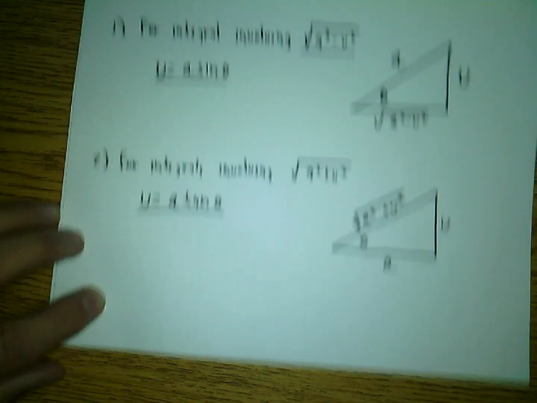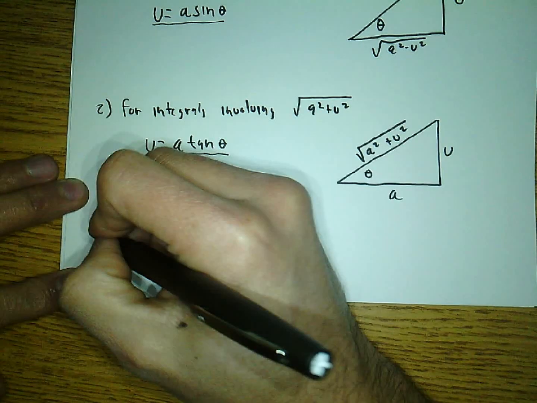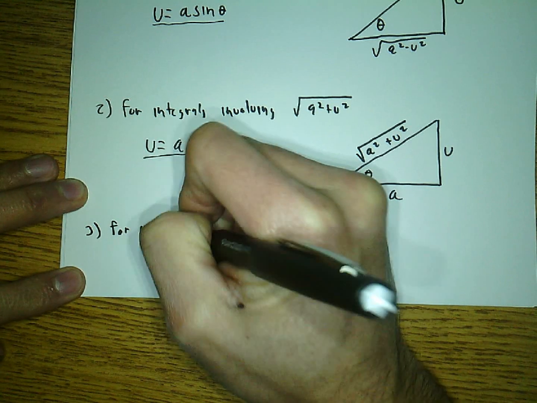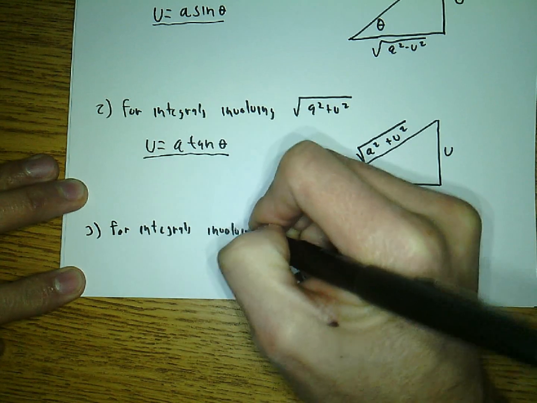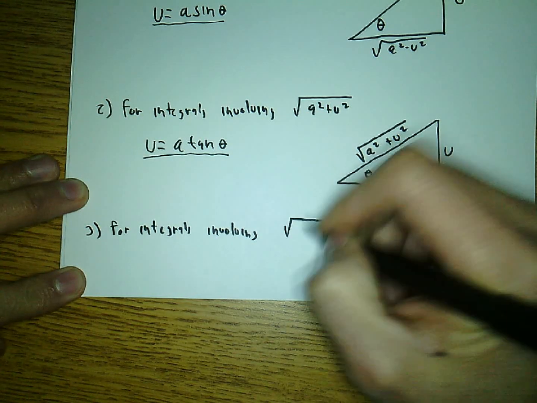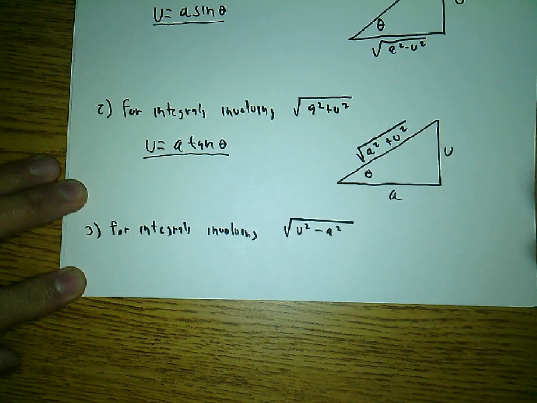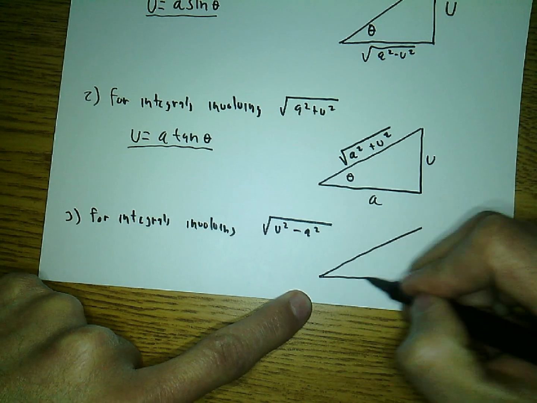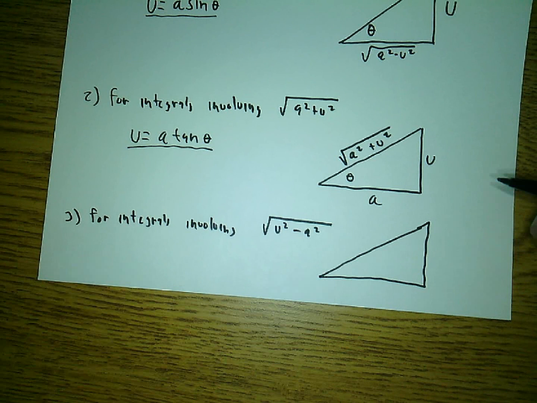Okay? And then the last scenario that we got, scenario number 3, would be for integrals that involve the square root of u squared minus a squared. Cool? So we're going to make another triangle. Cool?